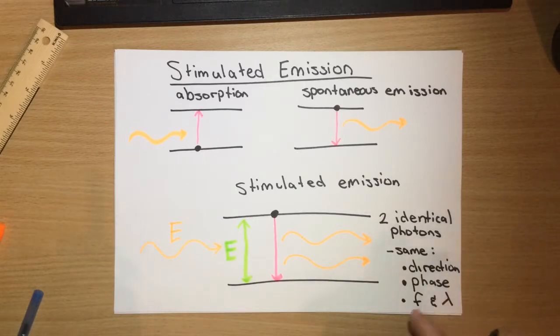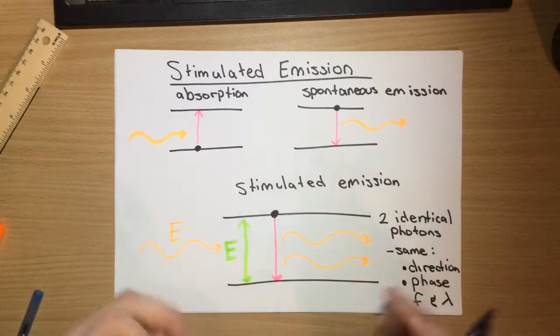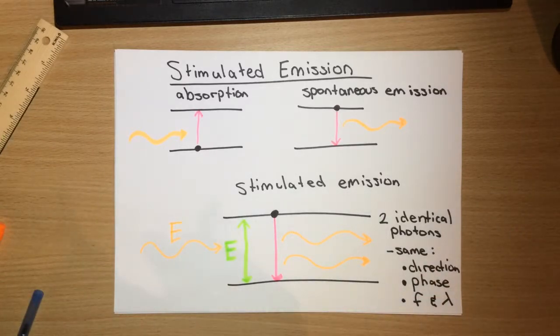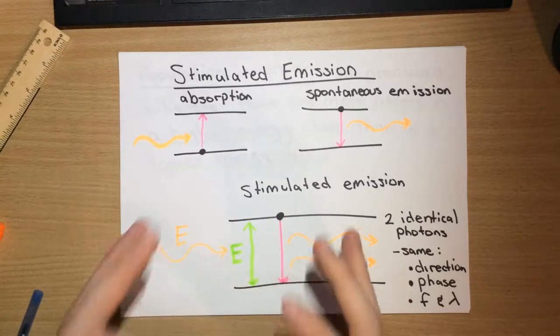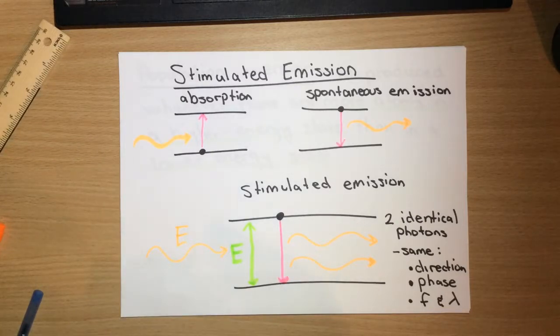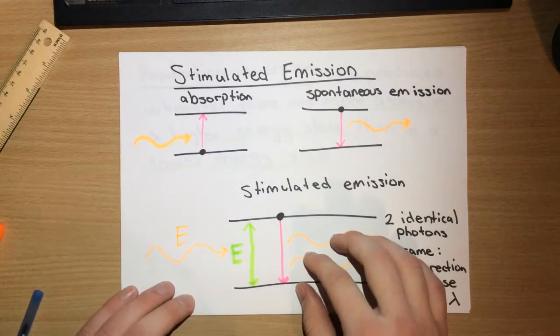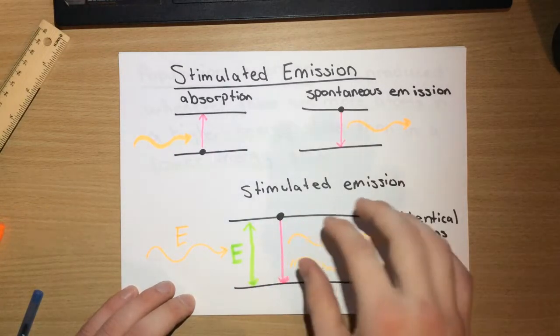Because they have the same frequency and wavelength, they also have the same energy, and this is the idea that allowed us to create laser light, and we're going to explore that later in this video. So this stimulated emission is a really important idea, the one that we use to produce laser light. Now, to produce laser light, what we need is a population inversion.